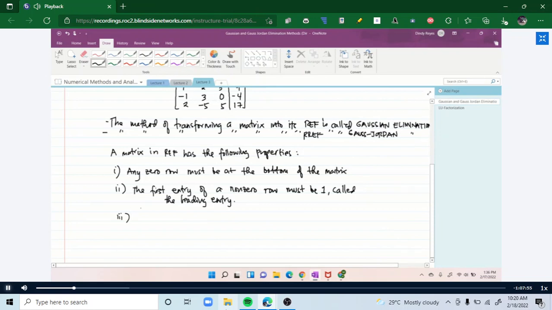And then thirdly, for successive non-zero rows, the leading entry of the higher row must be farther to the left of the leading entry of the lower row. Okay?